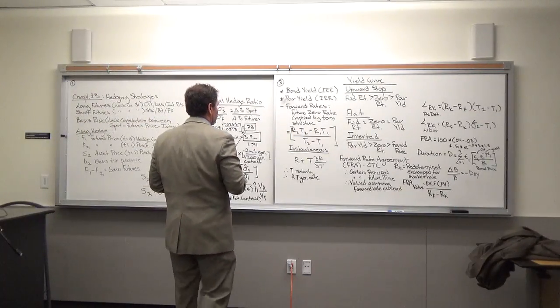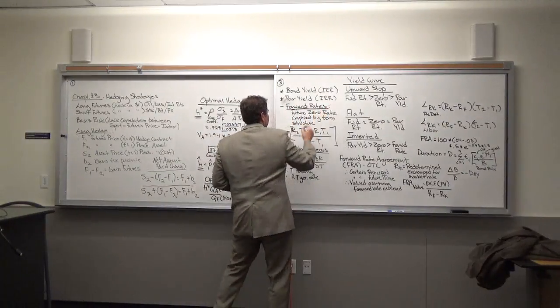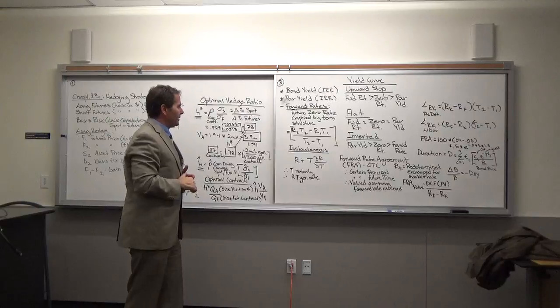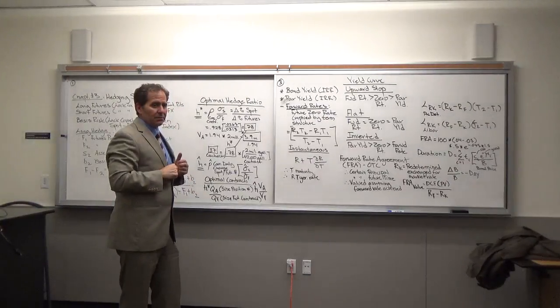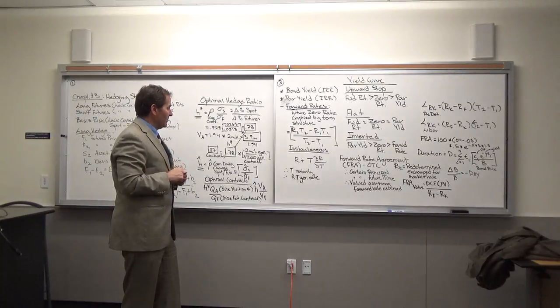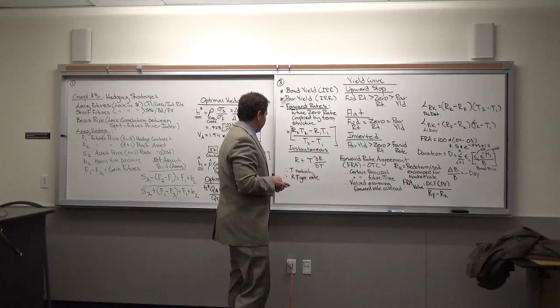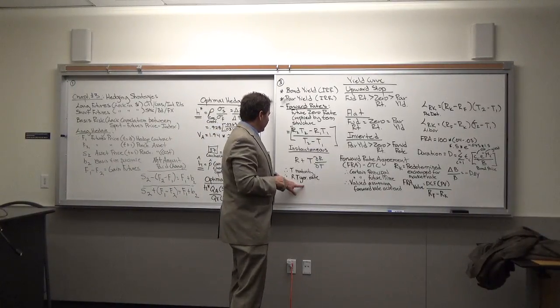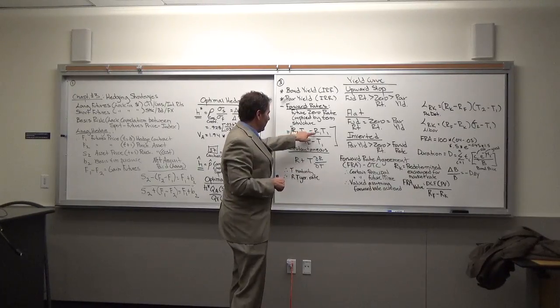Forward rates in future zero rates are implied by the term structure. We've already talked a lot about term structures. R is the T-year rate.